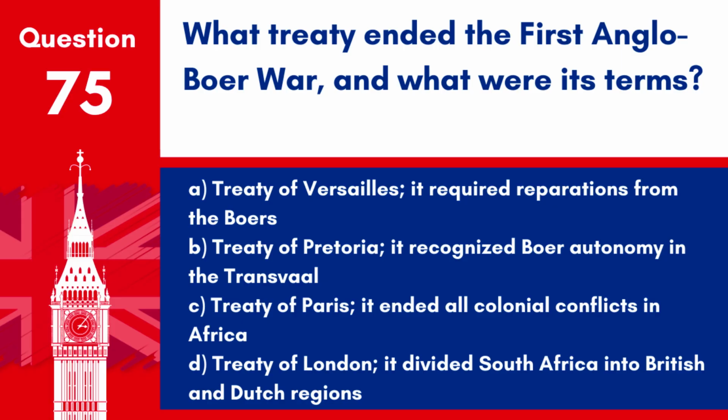D. Treaty of London. It divided South Africa into British and Dutch regions. Answer: B. Treaty of Pretoria. It recognized Boer autonomy in the Transvaal. This 1881 treaty ended the First Anglo-Boer War, acknowledging limited self-governance under British oversight.